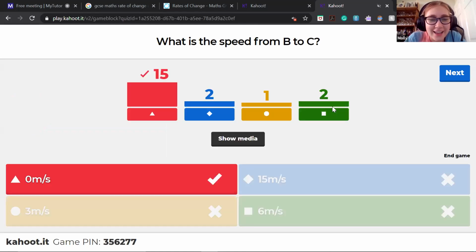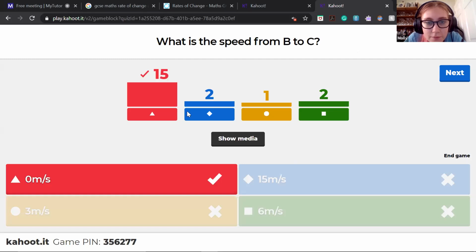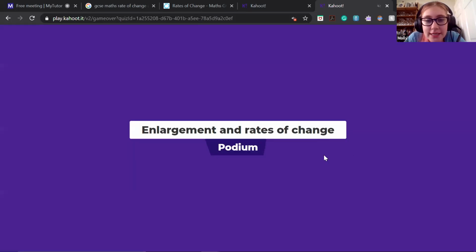Brilliant, well done. Remember this is a distance time graph, so the gradient represents the velocity, and the gradient of a flat line is 0. So the speed is 0. Well done.